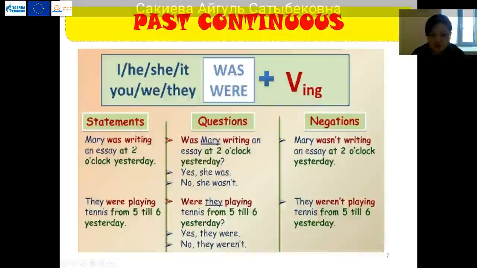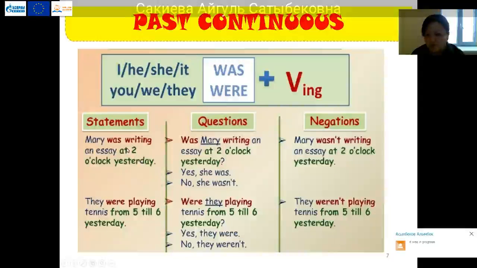So at 2 o'clock, this action was happening. And was this action finished at 2 o'clock or not? Guys, was the action finished at 2 o'clock yesterday? Can you answer me? No, yes, it was in progress.